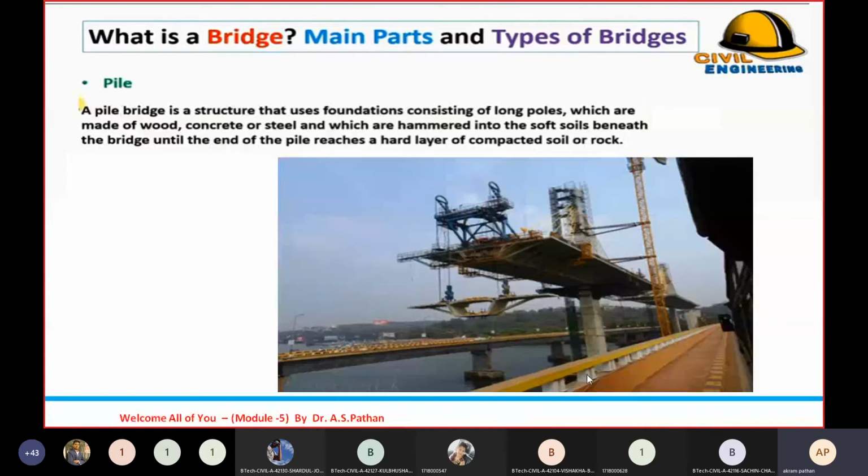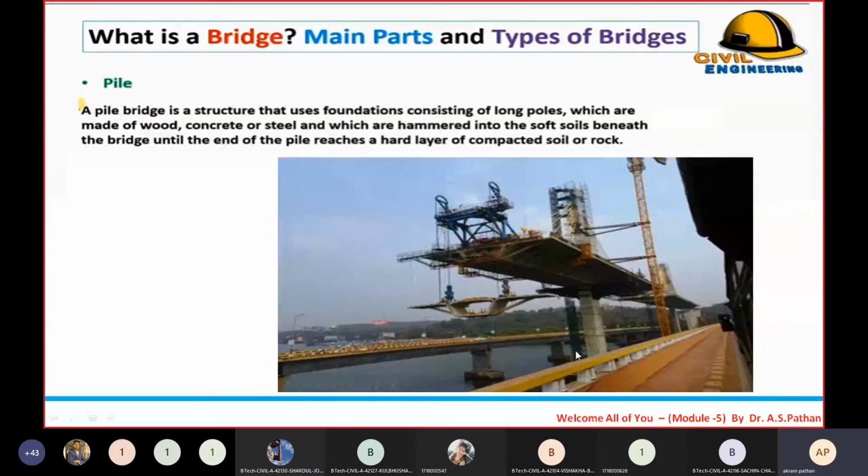So a pile is a structure that uses foundations consisting of long piles which are made up of wood, concrete, or even steel, and which are hammered into the soft soil under the bridge foundations until the end of the pile reaches a hard layer of compacted soil or the rock.